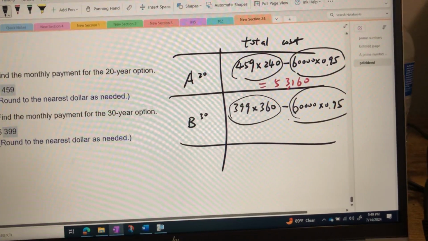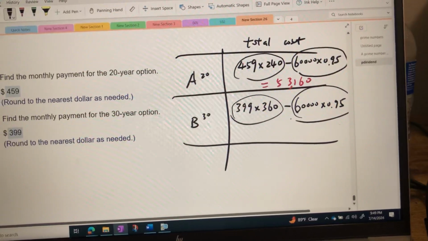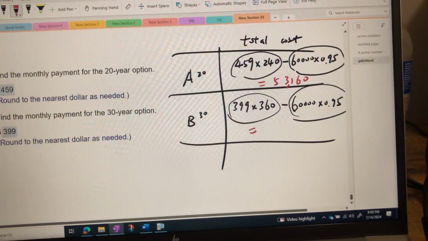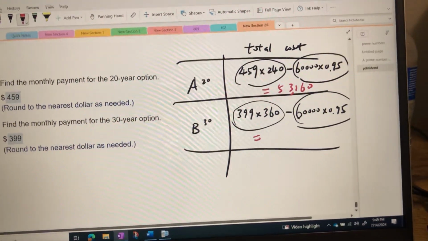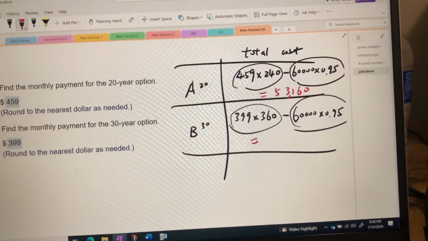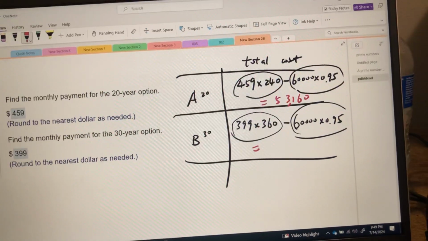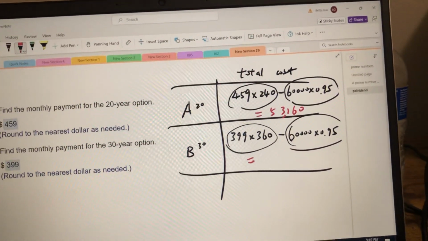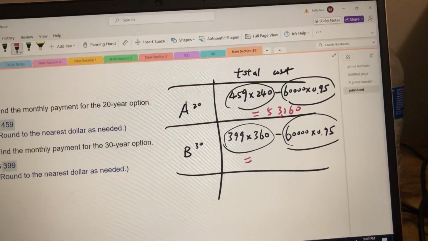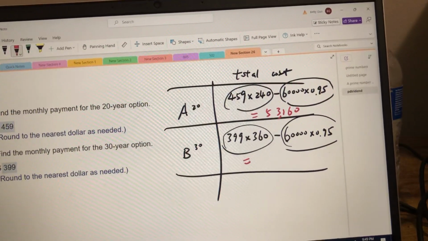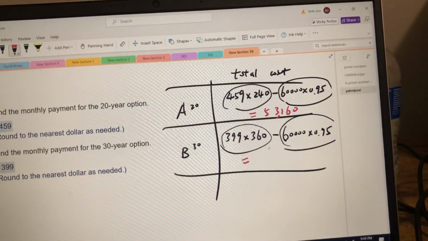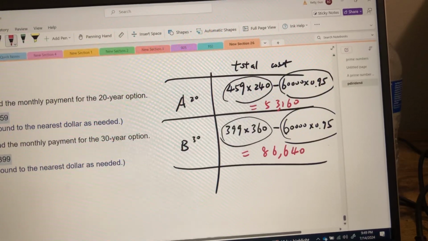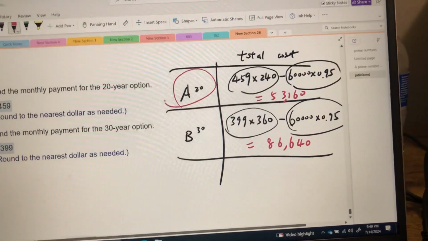So let's see what the total cost of interest is. 399 times 360 minus parentheses 60 grand times 0.95. That gives $86,640. That's true, the first plan does save money.